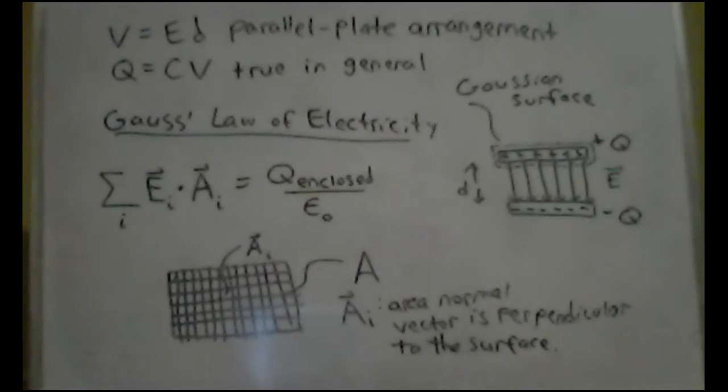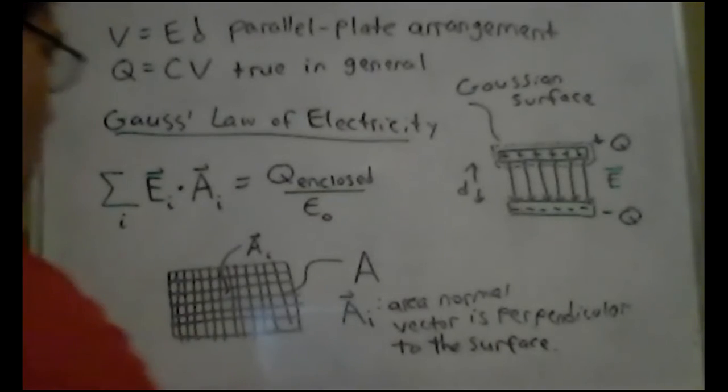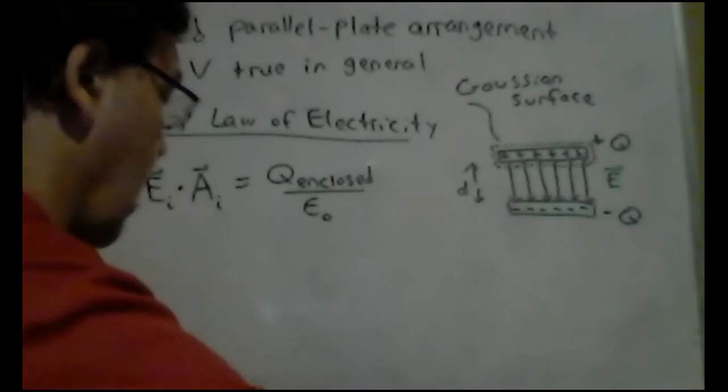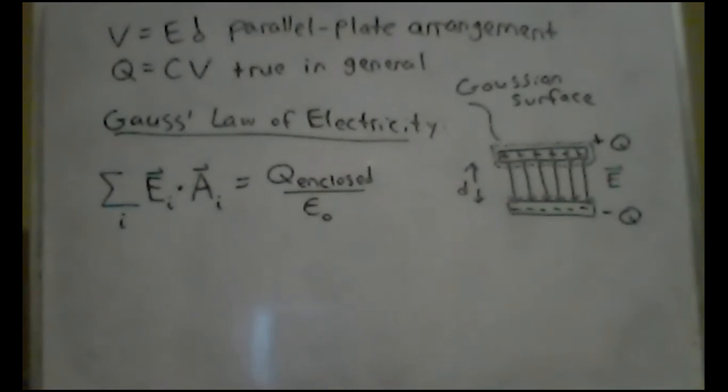Now we're going to find out that this calculation is most easily done when there's high symmetry. Of course, you really want to employ Gauss's law with integral calculus, making those differential areas so small that they're infinitesimal and there's an infinite number of them.